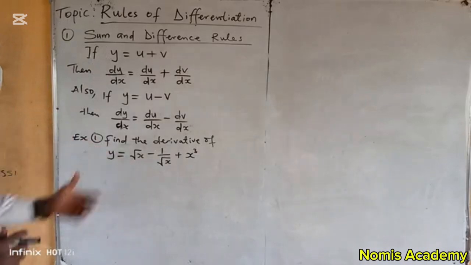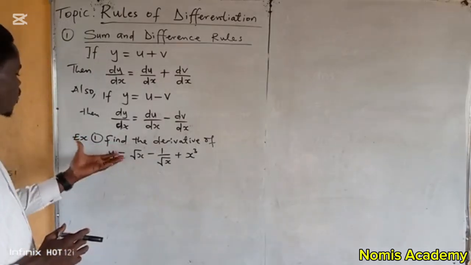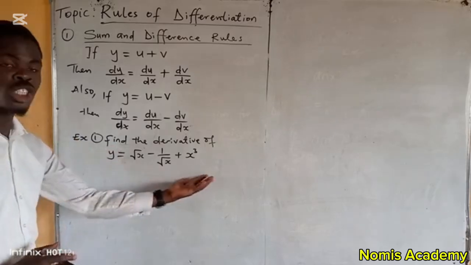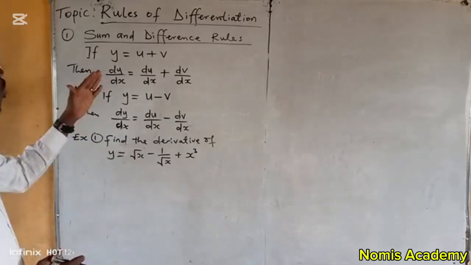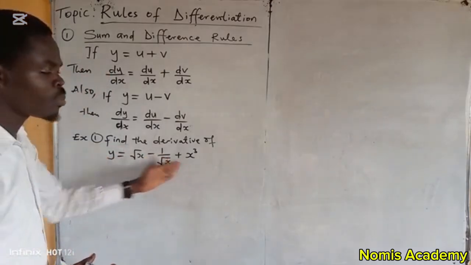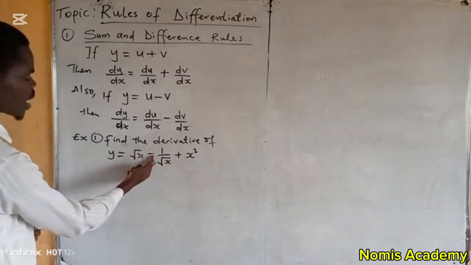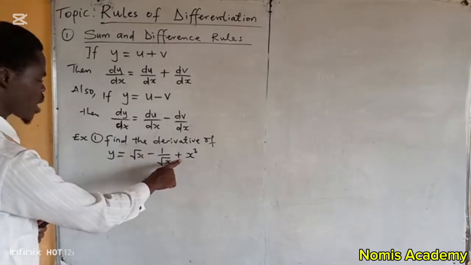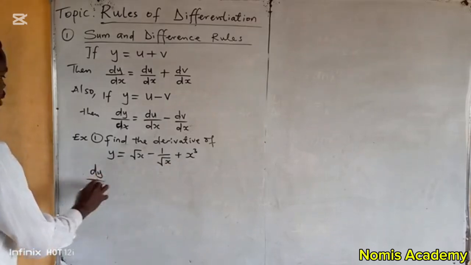This is a function and we are required to find the derivative of the function given. Now we are going to use the sum and difference rule for the problem given. As you can see, we have the negative sign here and we also have the positive sign here. So that will be dy over dx.